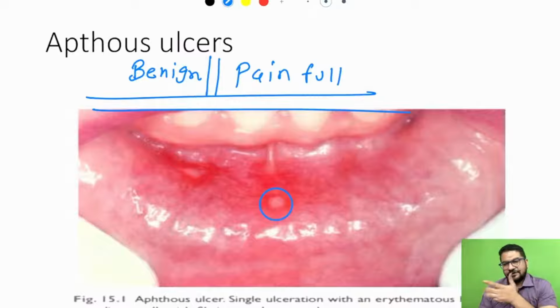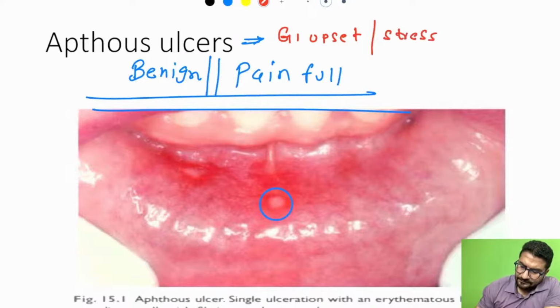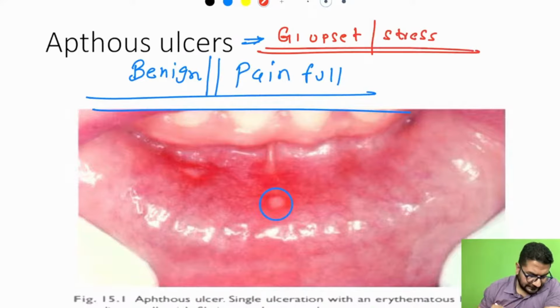Because of GI upset and stress. तो या तो पेट खराब है या दिमाग खराब है, और स्ट्रेस। So these are the reasons for these ulcers.